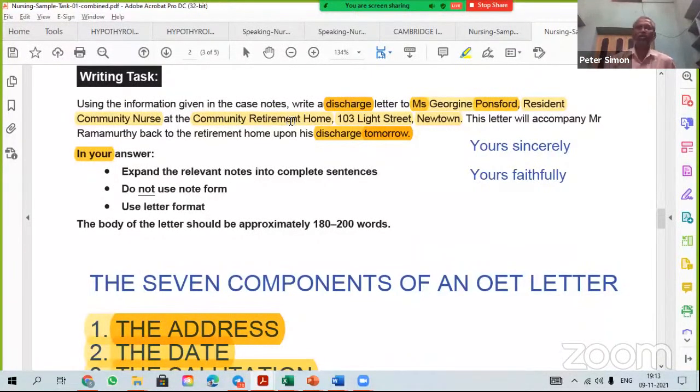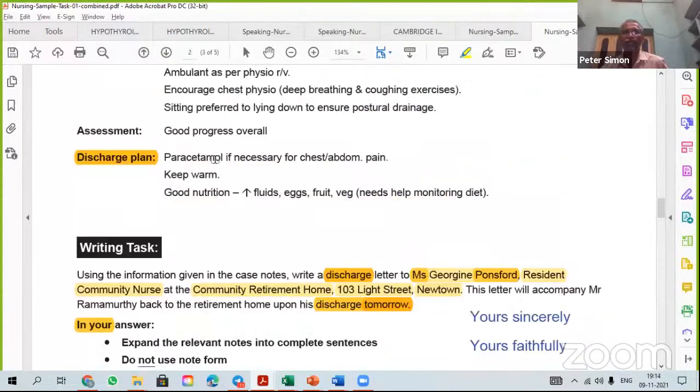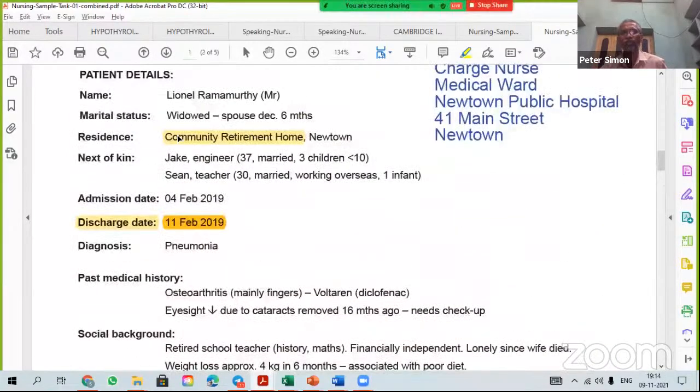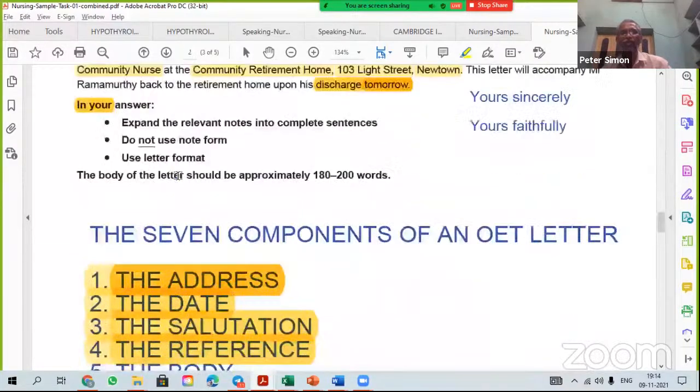He has come from the community retirement home in Newtown and then he's going there. He came from there, and he is going there only.